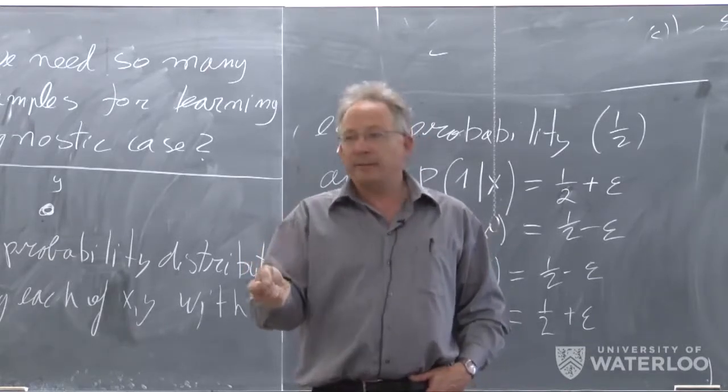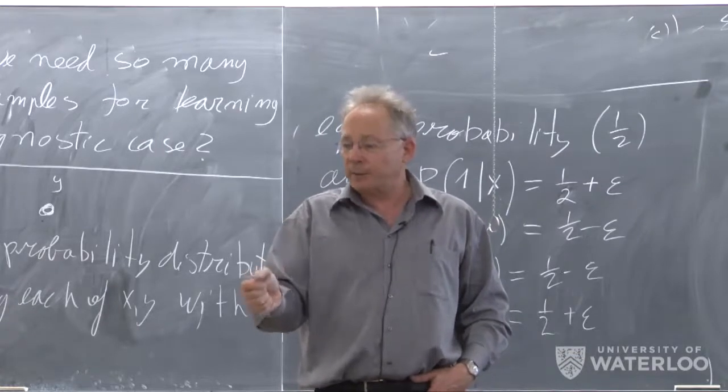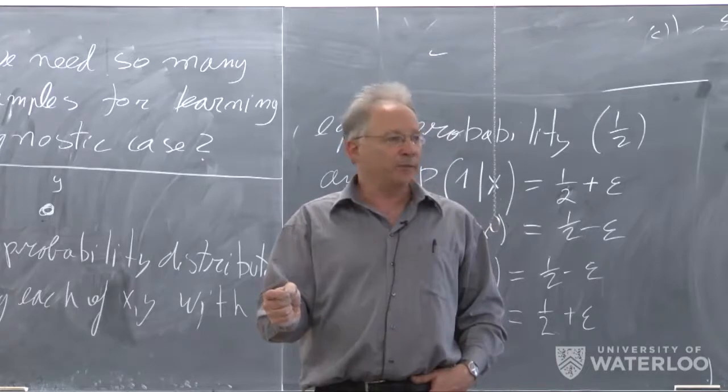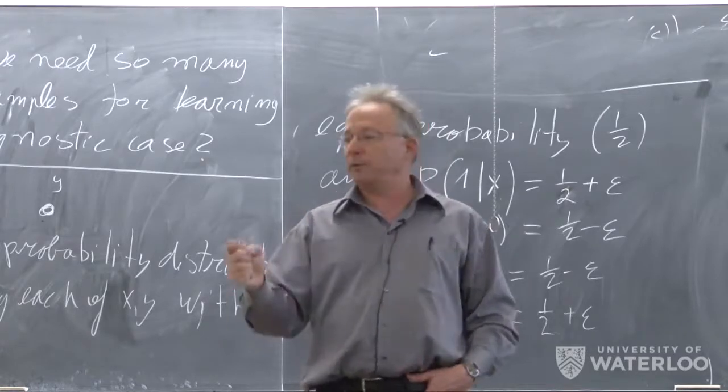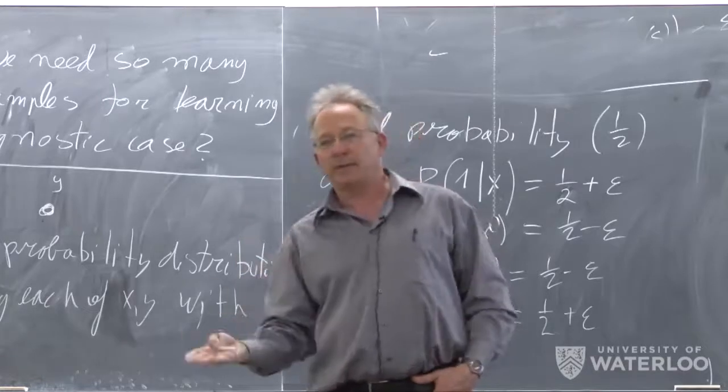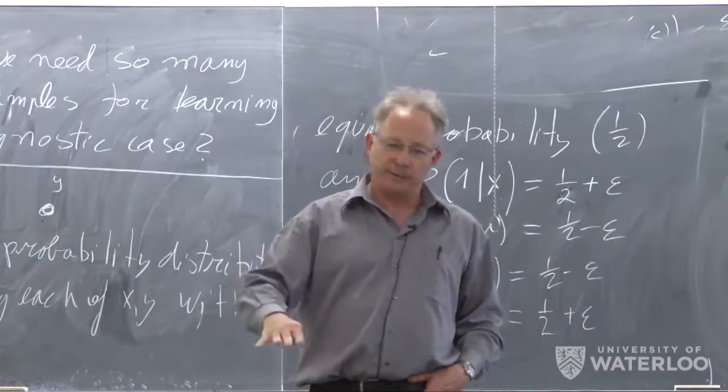Slightly, like half plus epsilon of the time it will get you heads, and half minus epsilon of the time it will get you tails. Now I begin to toss the coin, and I want you to tell me, is it biased towards heads or towards tails?